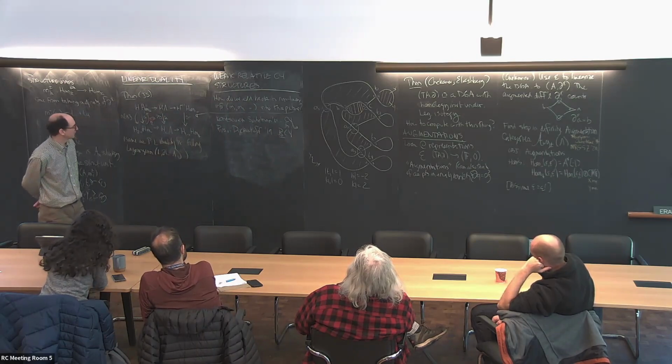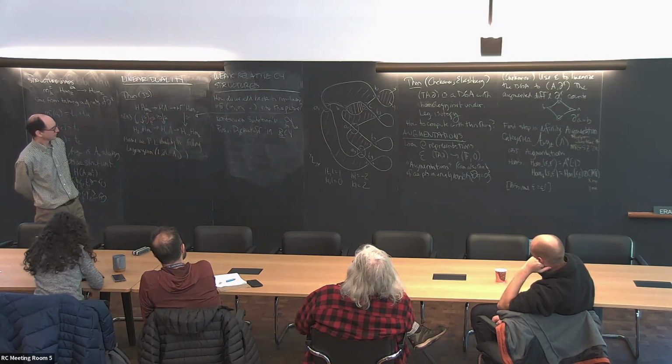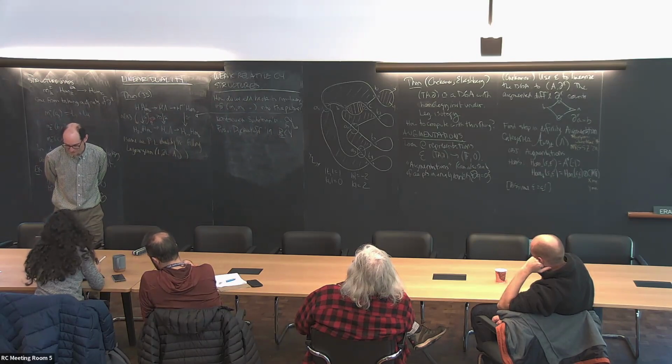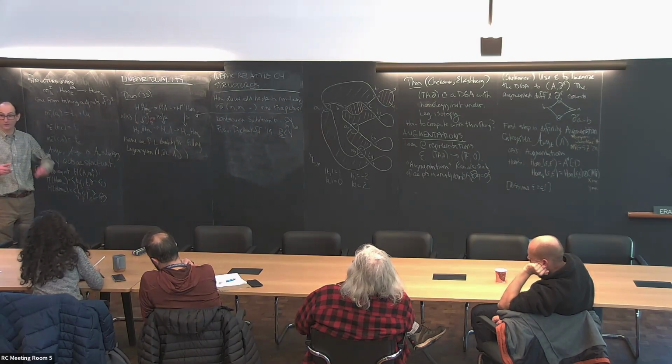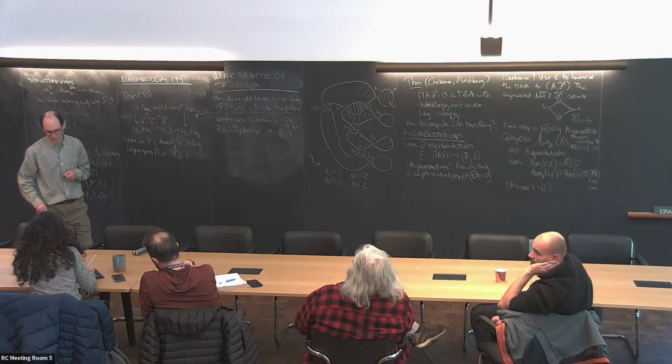I should also mention that Zhenyi Chen, who I mentioned before as a sort of pseudo collaborator, has a different approach to the idea that I'm about to give you. He's currently writing it out.